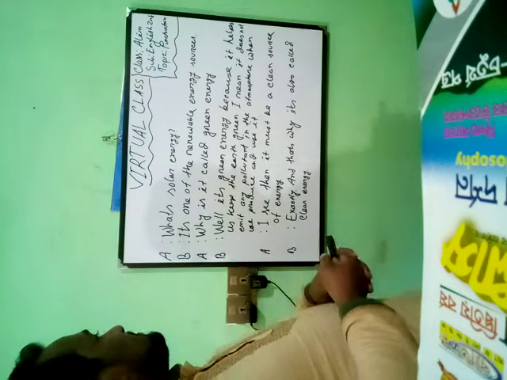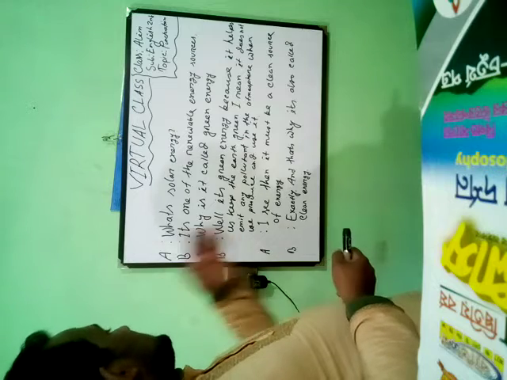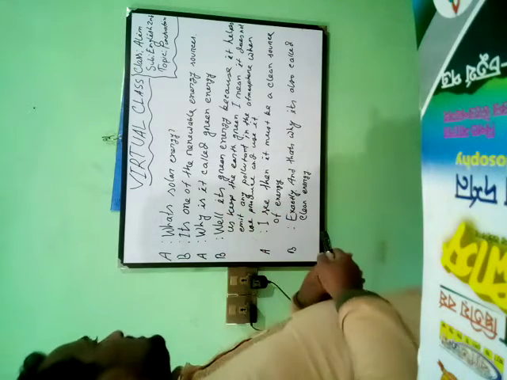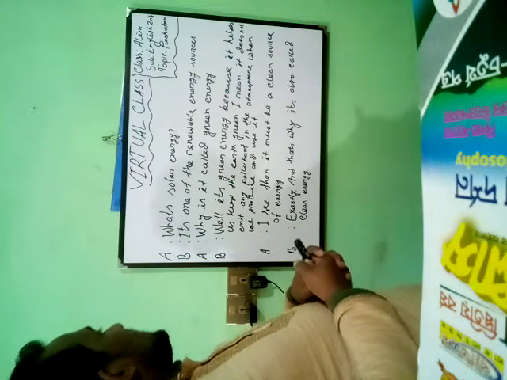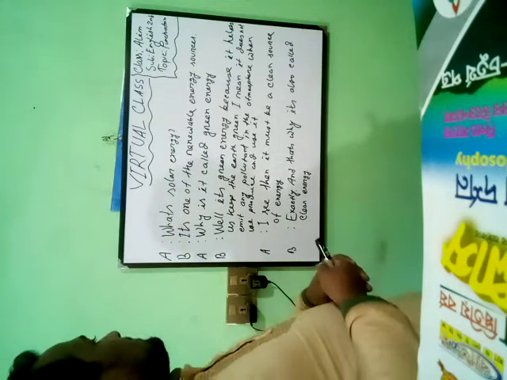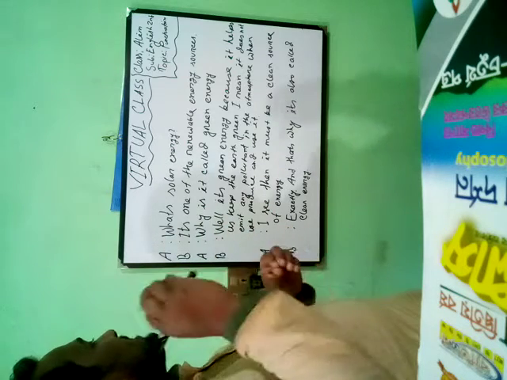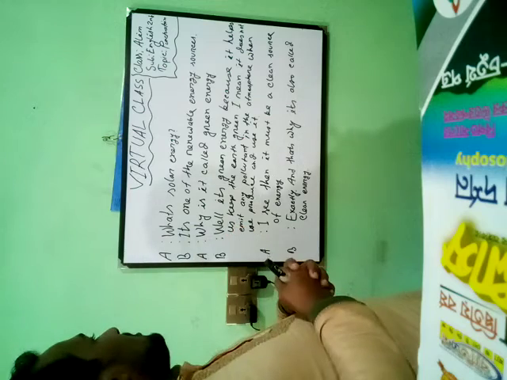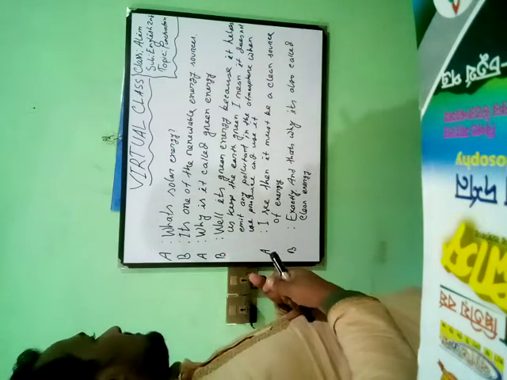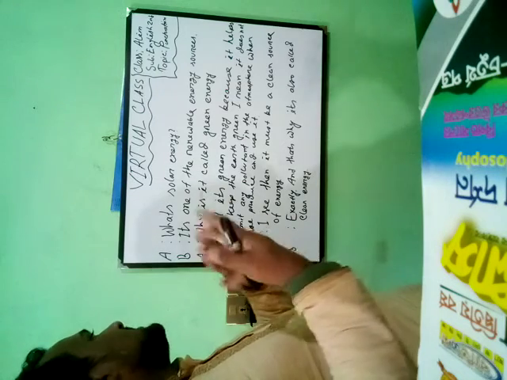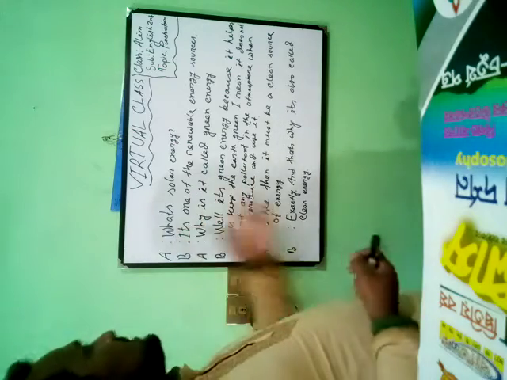So in your exam paper or question paper, you will be given a dialogue or phrases like this, and there will be 10 errors or more than 10 in the punctuation.